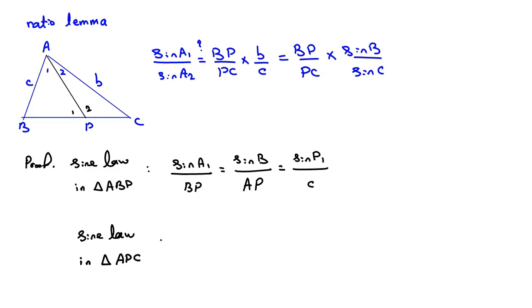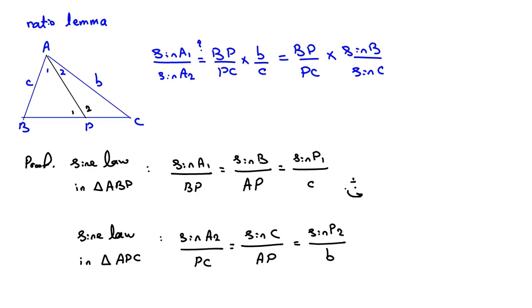Now, if we use another sine law, we can also call it the double sine law, in triangle APC. It is an important point, like the double Pythagorean theorem. It is also so useful in AIME and other exams. In APC, sine A2 equals sine C equals sine P2 in triangle APC. A2 sees PC, C sees AP, and P2 sees b.